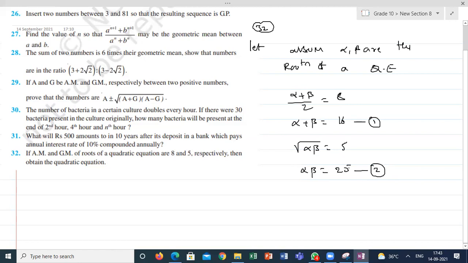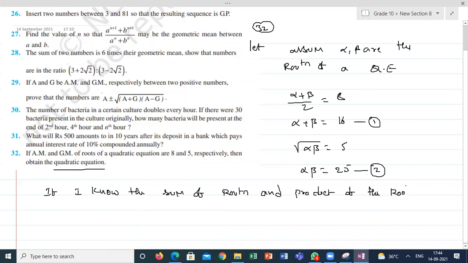With the help of this, can you calculate the alpha, beta values? Sorry, he is asking me the quadratic equation. If I know the sum of the roots and the product of the roots, what is the quadratic equation, guys? If I know the sum and product of the roots of a quadratic equation, the quadratic equation is x square minus (alpha plus beta) x plus alpha into beta equal to 0.